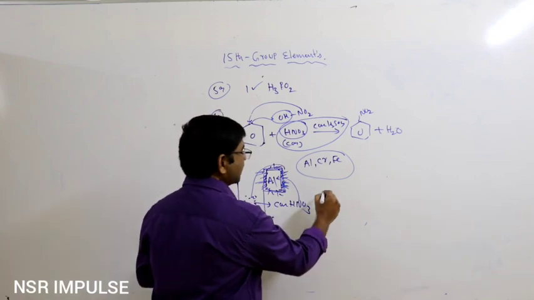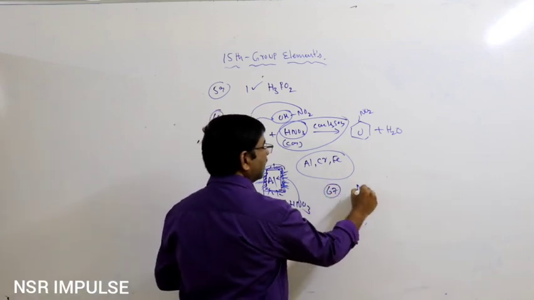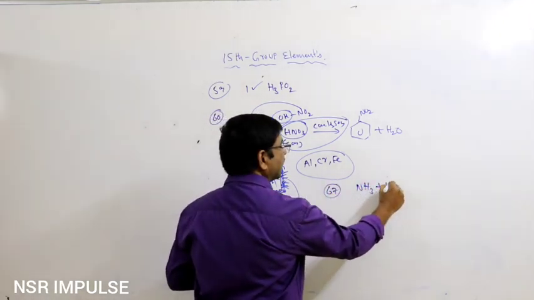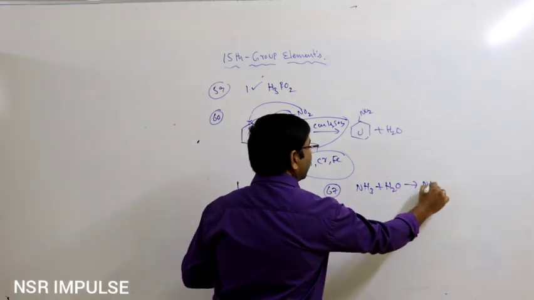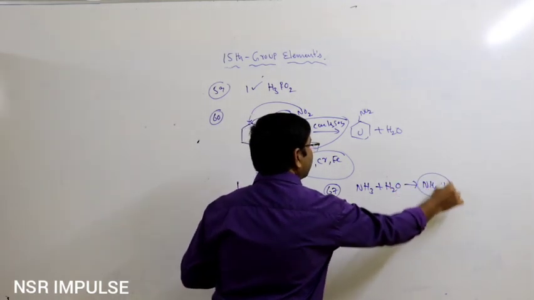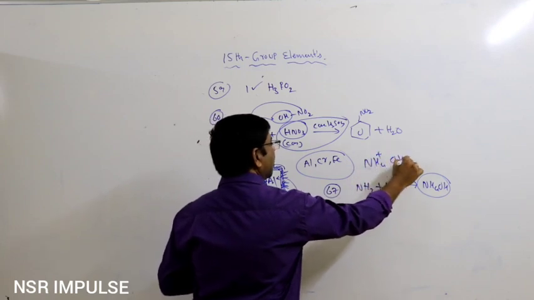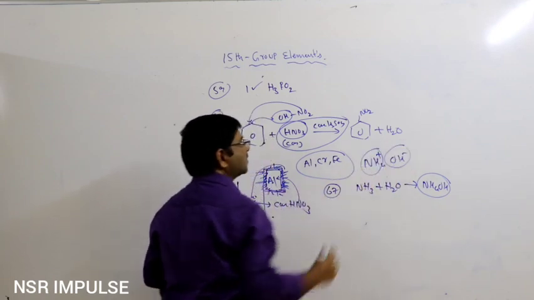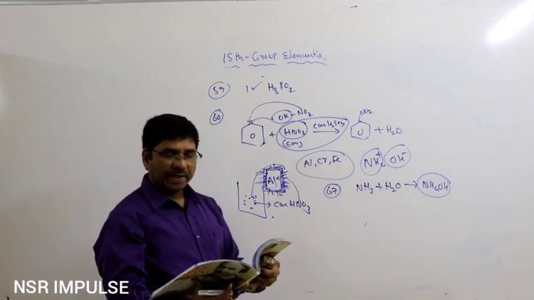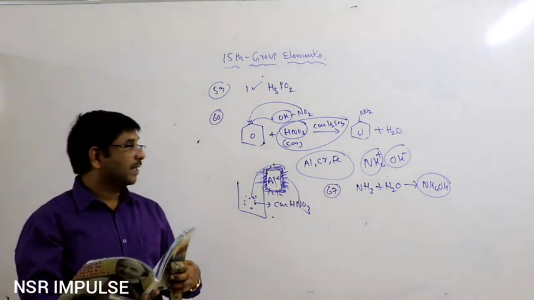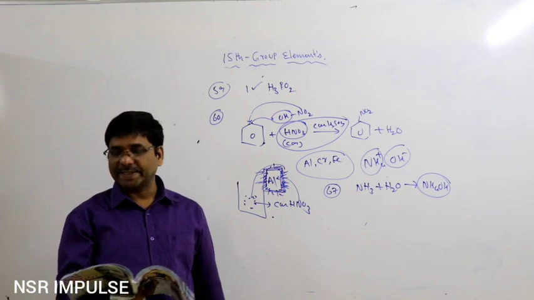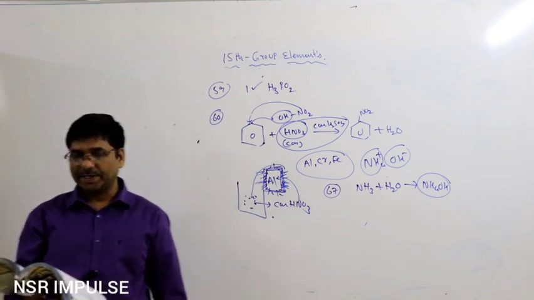Ammonia aqueous solution forms ammonium hydroxide. Ammonium hydroxide means ammonium ion and OH minus ion. So your answer is ammonium ion and OH minus ion, meaning hydroxide ion.